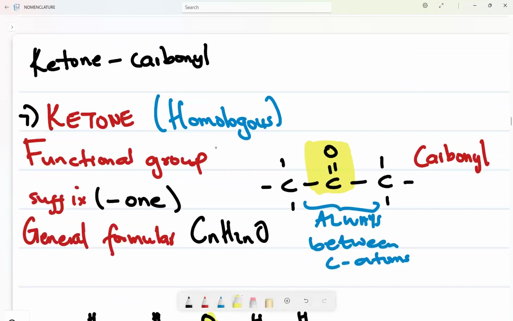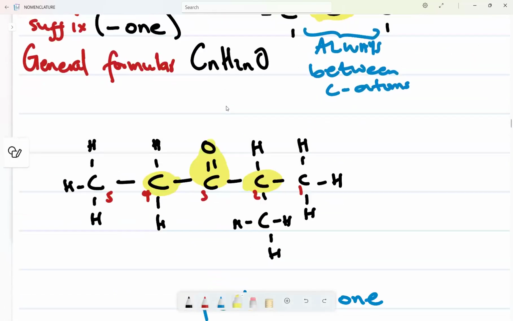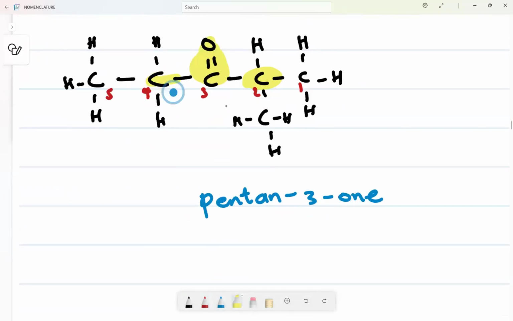The carbon that I'm talking about, the double bond O, should be at the middle of other carbons. The carbon bonded to the double bond O should be bonded to 2 other carbons like that. So this is the reason that makes me sure that this is a ketone.